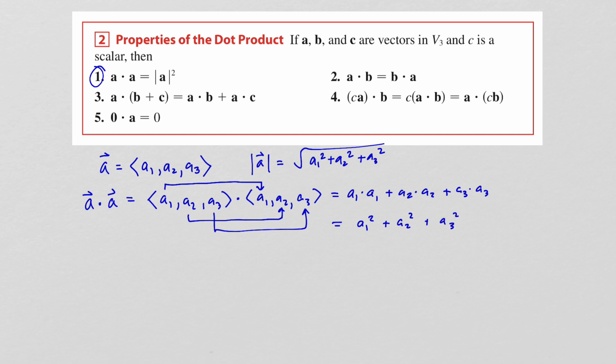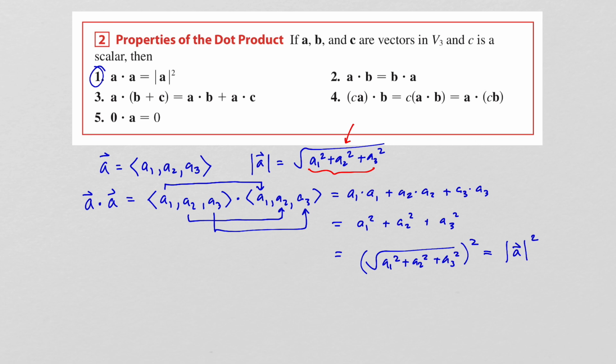And notice that that is pretty much what we have right here, except that the magnitude of A also has the square root. So this is equal to the square root of A1 squared plus A2 squared plus A3 squared, quantity squared. And that, of course, is the magnitude of A, quantity squared.